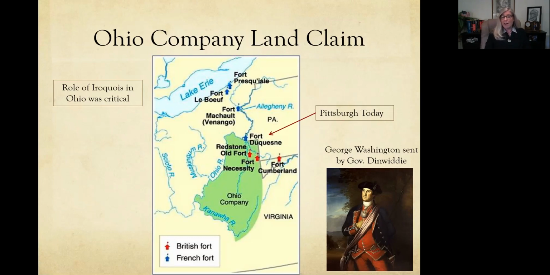George Washington's half-brothers were investors, primary investors in the Ohio Company. So that's how he kind of gets involved in this situation, is the connection with his brothers.